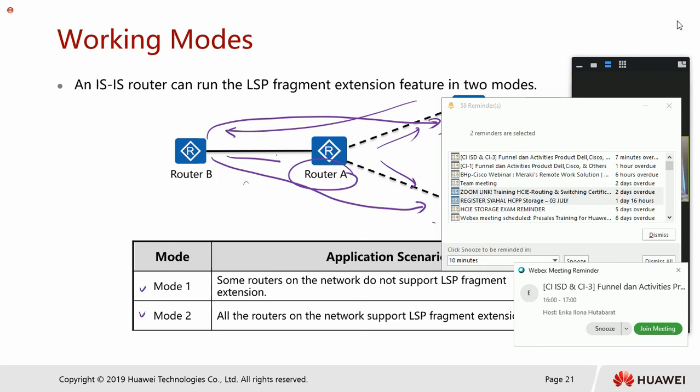This is mode 2, and this is mode 1. There is a difference between the two working modes when defining the LSP fragmentation extension feature. Is that okay so far?